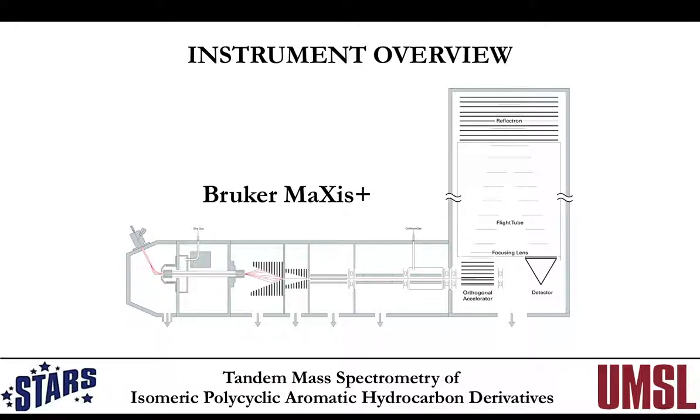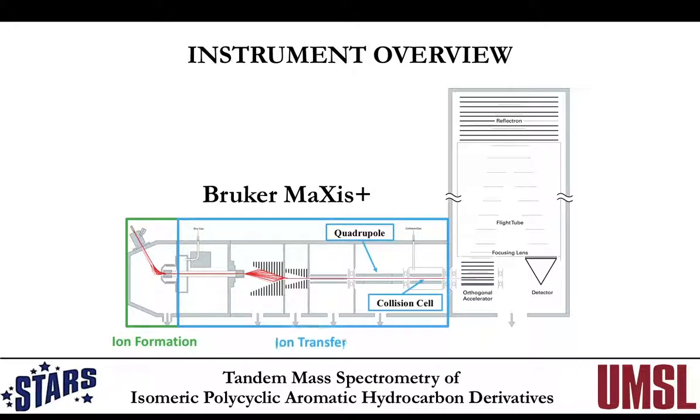MSMS experiments start with the ion formation phase, where analytes are introduced into the machine and ionized. Then the quadrupole selects certain ions based on a given mass-to-charge value to avoid other contaminants. The selected ions enter the collision cell and encounter collision gas, where they are induced to dissociate into smaller fragments if enough collision energy is applied.